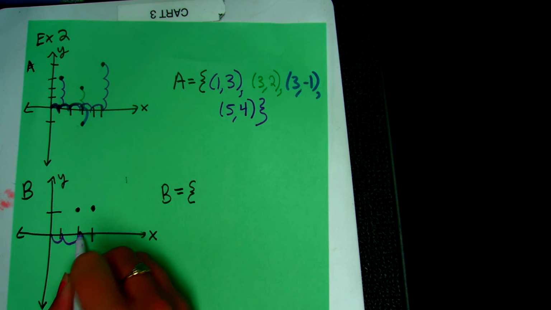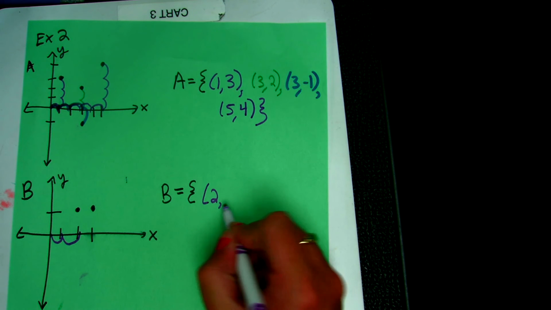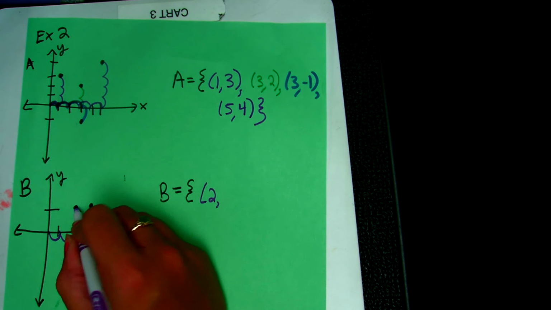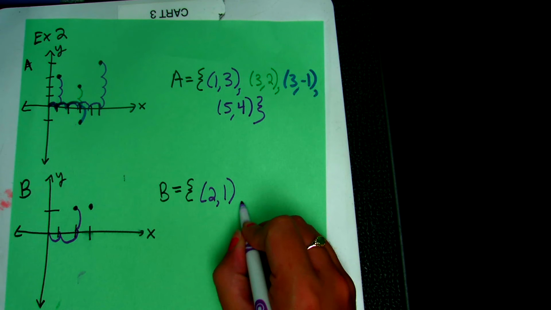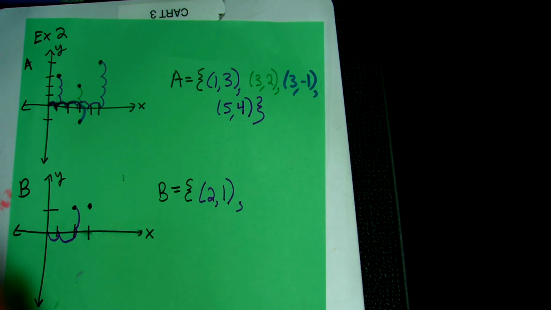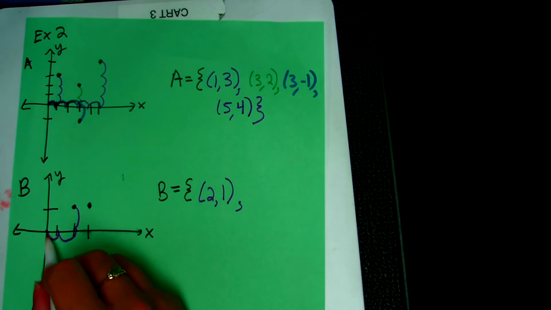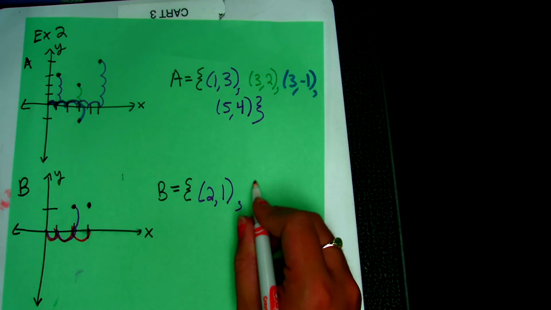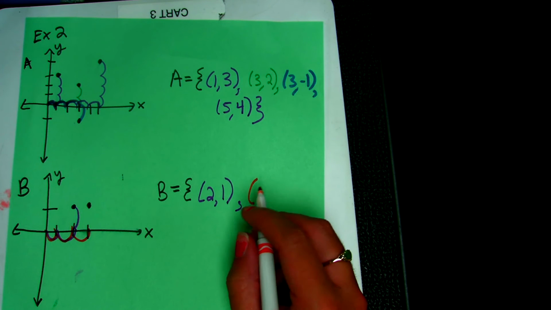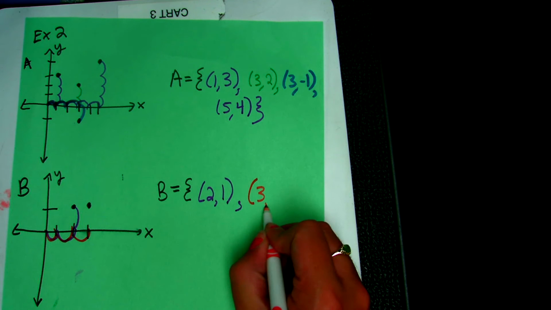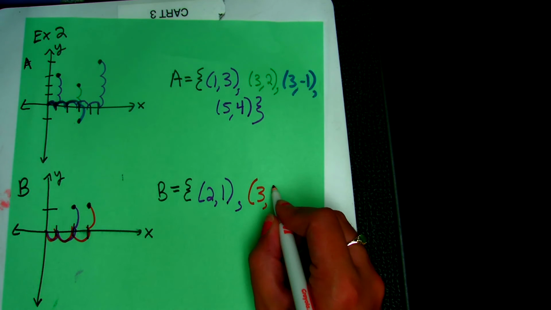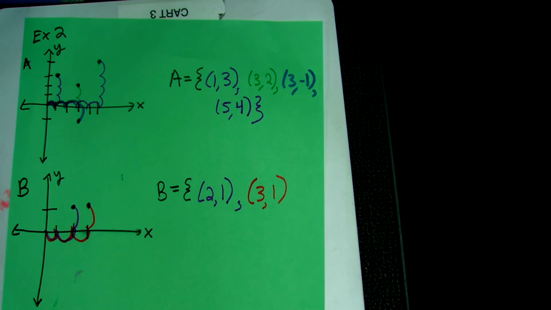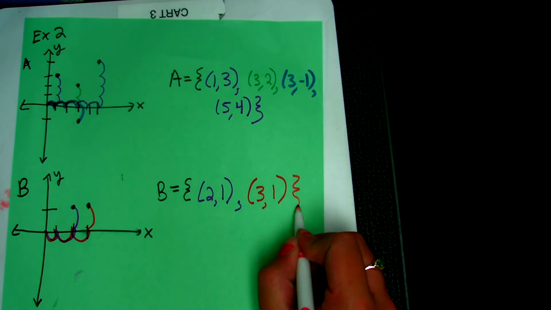Then we had to go up 1, which is a positive y-coordinate for 1. Let's look at our next ordered pair. This one, we had to go 1, 2, 3 to the right, which makes our x-coordinate a positive 3. Then we had to go up 1, which makes our y-coordinate a positive 1. And those are the only ordered pairs in this relation, so we're going to go ahead and use our brace to show that that's it for relation B.